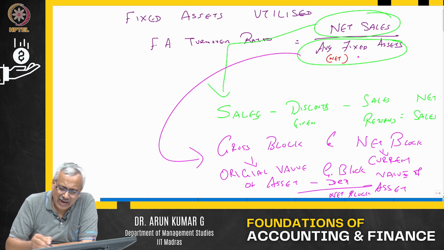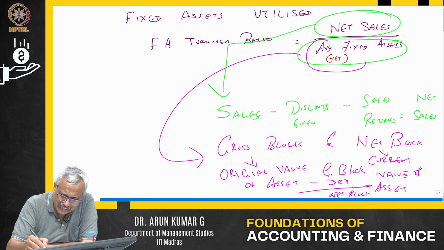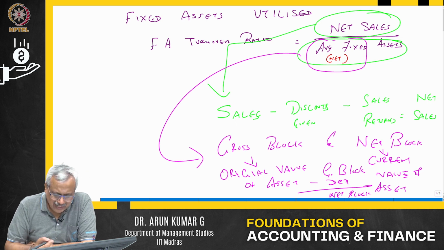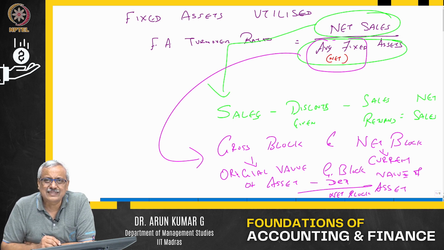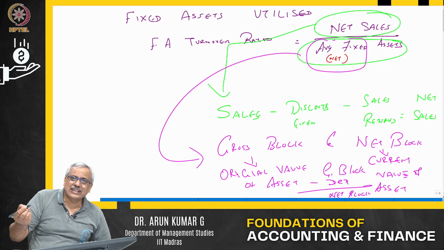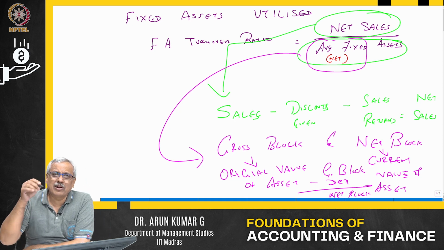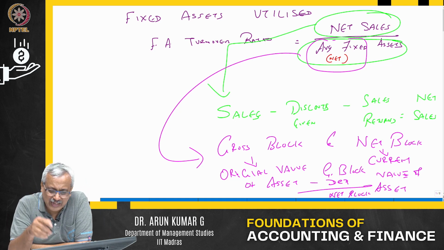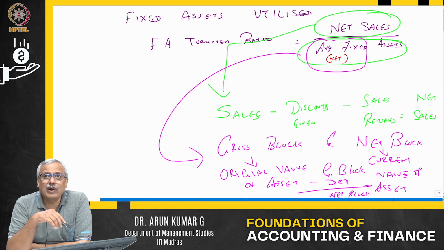So, here I would say net fixed asset, because taking the gross block is meaningless, as I would have bought the asset 20 years back. Taking the value from 20 years back today and comparing it with sales is meaningless. I want to look at the value as of today. We say average. Why do you say average?